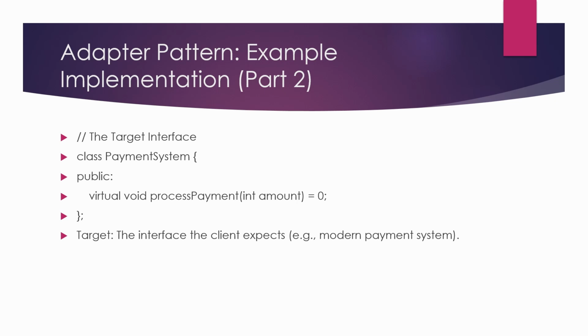Now we define the target interface, which is what the client expects. This interface contains the method that the new system will use to process payments. Our adapter will make sure that the old system conforms to this interface.